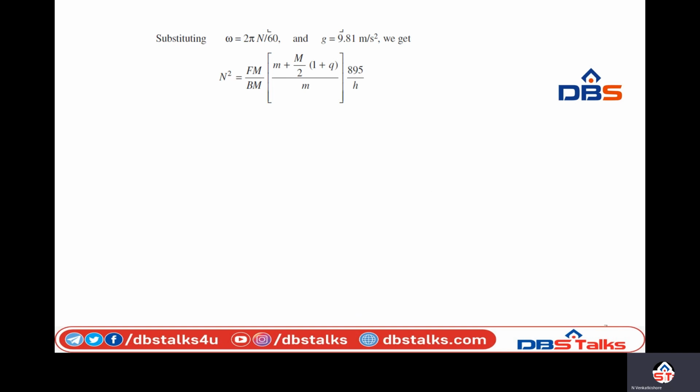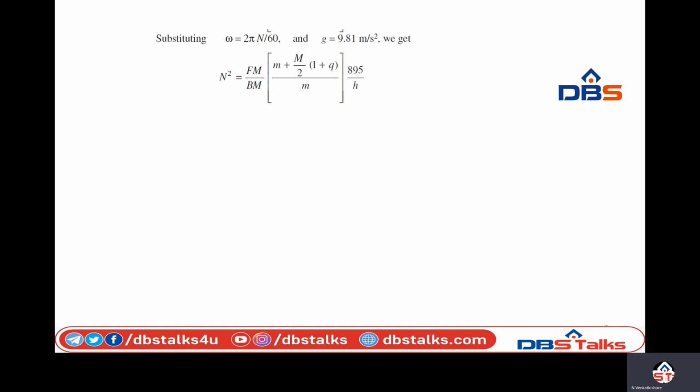N square is equal to FM by BM into 895 by h. This is a common value. N is equal to, simply, the square root of 895 by h. That is for the Watt governor. For any other cases, we can add the respective proportionate dead weights and positions.